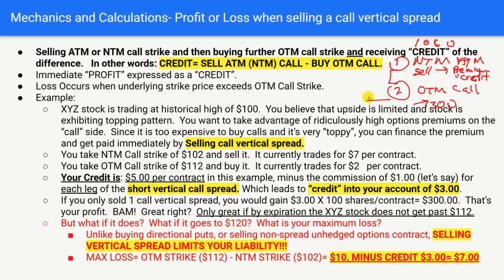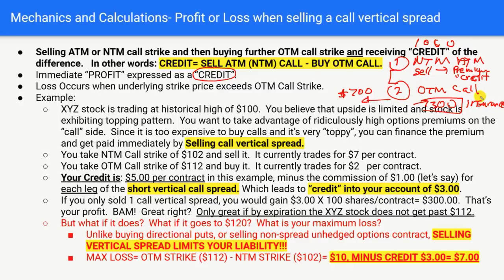The difference is that you get to pocket $700. You finance this by selling that premium. You do get immediate profit expressed as credit, okay? Just like here. Basically, what you sold minus what it cost you to buy this insurance.